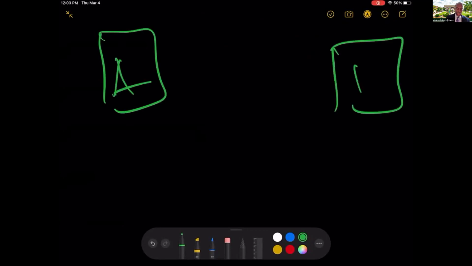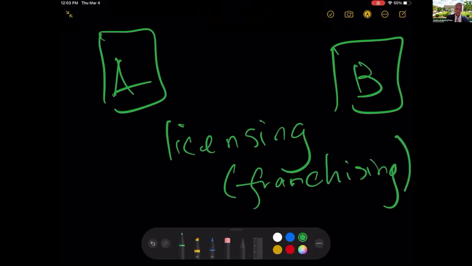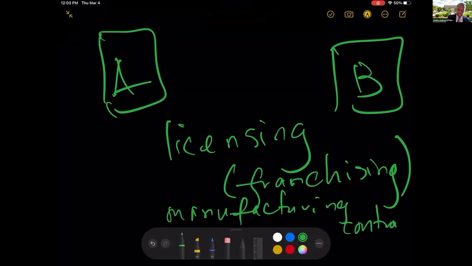Also, the licensing arrangements, which, we know, franchising being a main mode of licensing. You have also manufacturing contracts, and we know that as outsourcing.